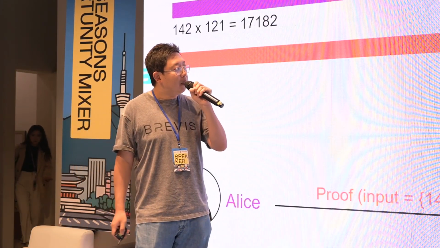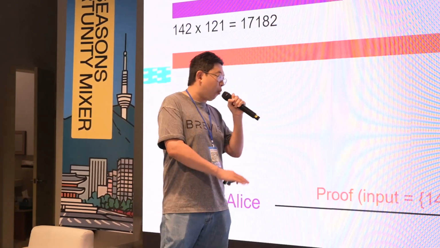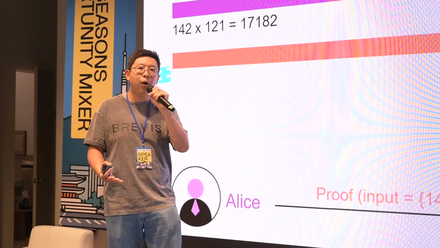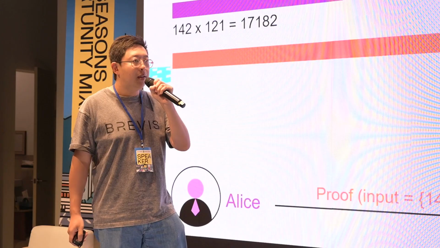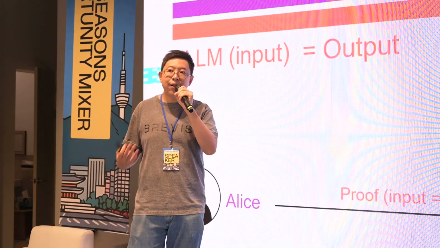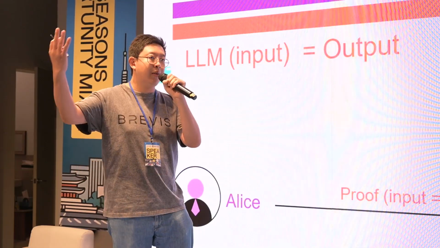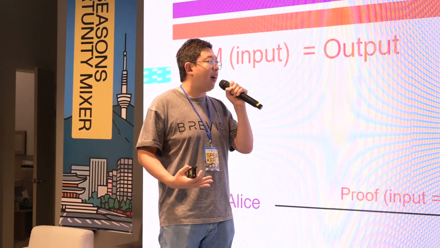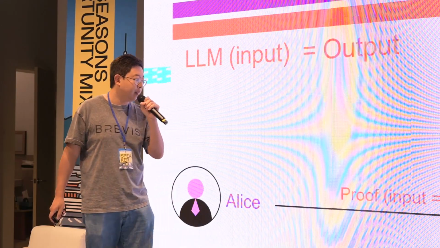The magic about the ZK proof is that we effectively decouple the computation process itself from verification. There is a magical property of ZK proofs: even if your original computation's complexity increases, the cost to verify the computation stays the same and stays low.